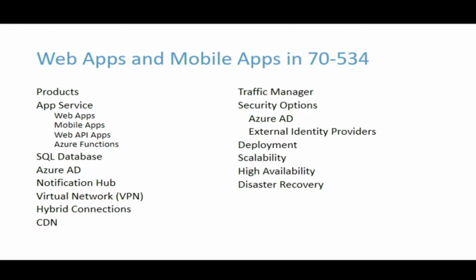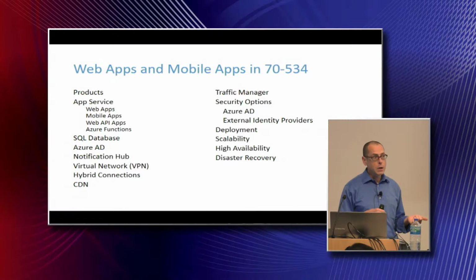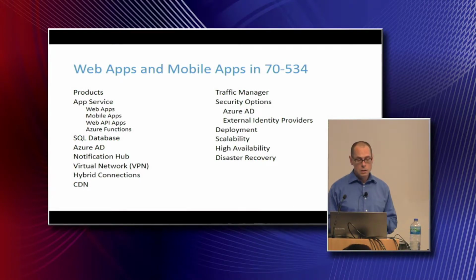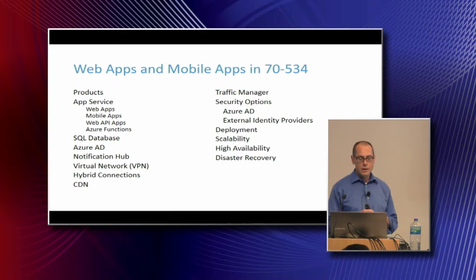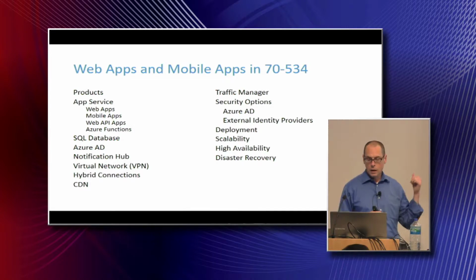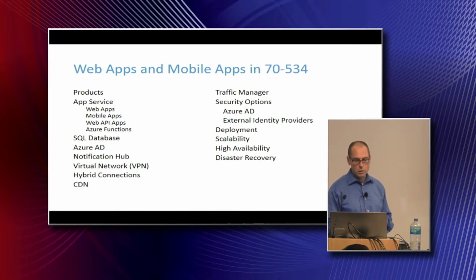It's the next slide. SQL database, you're going to need to know something about SQL database, Azure AD, notification hub, VPN, hybrid connections, and CDN, and then, of course, traffic manager. That's a big one.